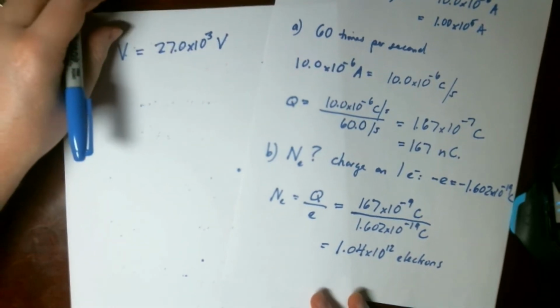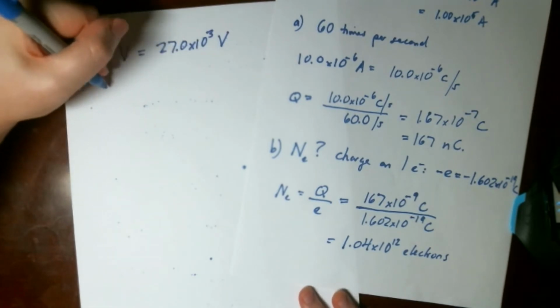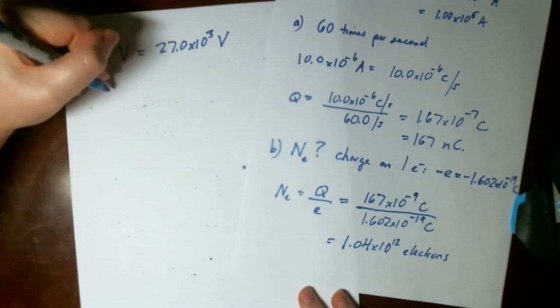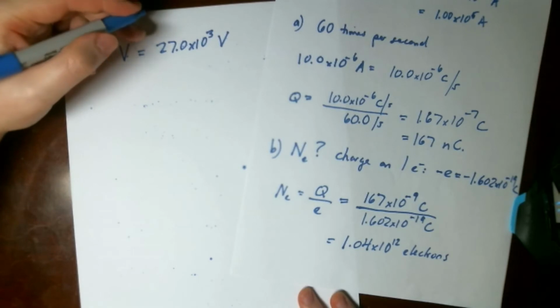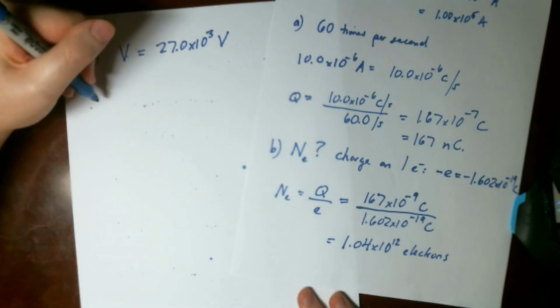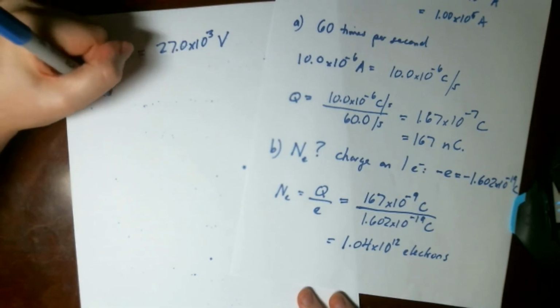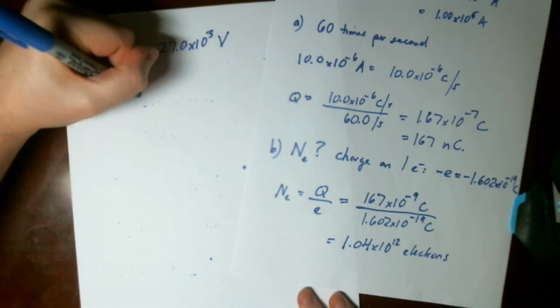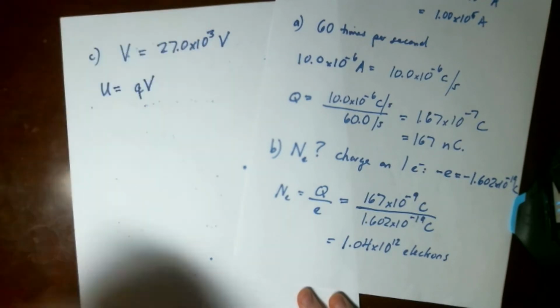So let's see. The energy delivered to the screen by 1 electron is going to be the charge on the electron times the potential difference that it's accelerated through.